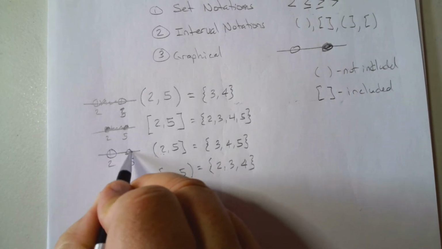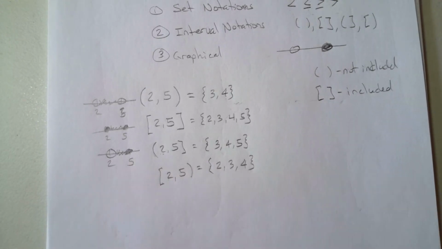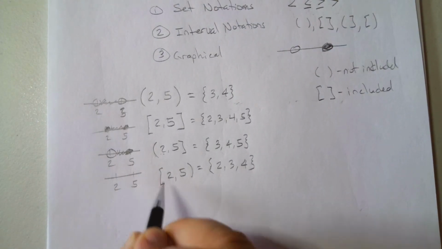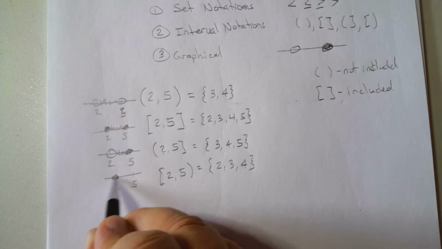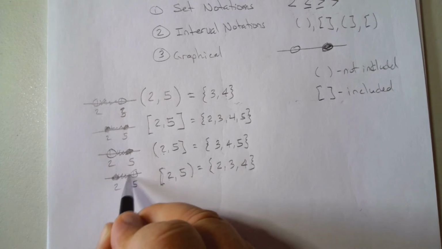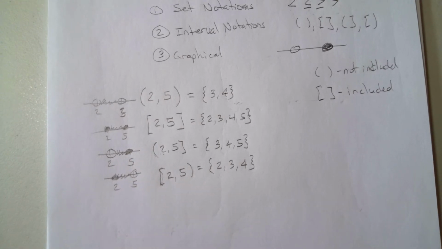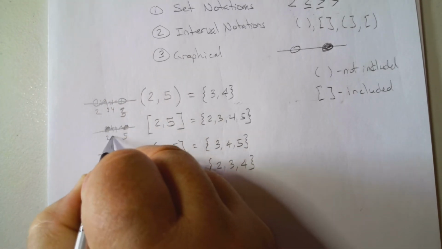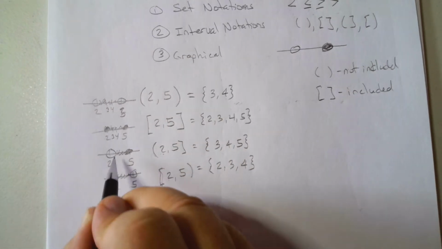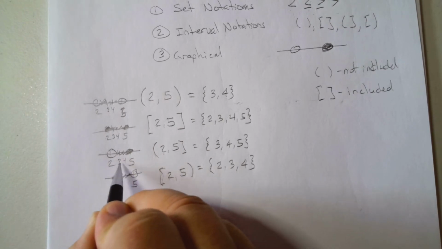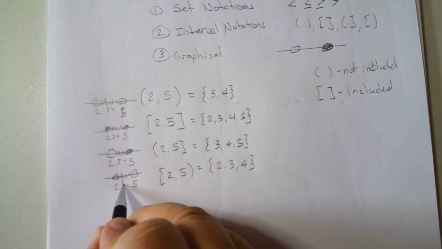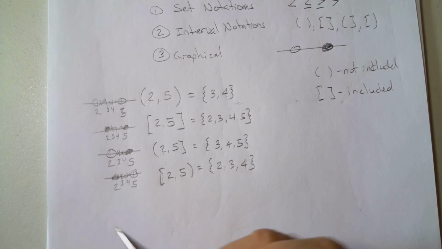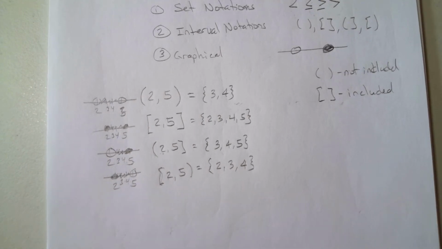This one's open, that one's closed. And finally, that one's included, so it's closed, and that one's open. So my answer is 3 and 4. 2, 3, 4, 5. 3, 4, 5. 2, 3, 4, and stop right before 5. So that's what those mean.